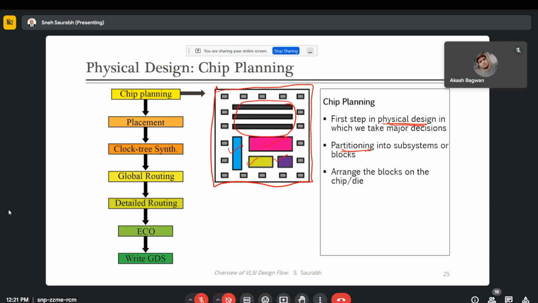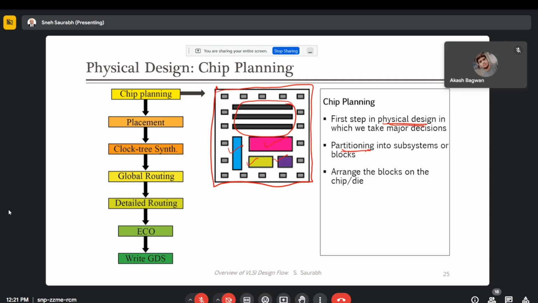So at the chip planning stage, many of the tasks are done manually. Though we take help of the tools, many a times human intelligence works better at the top level when there are fewer entities in the design, and we have past experience of making better layouts.